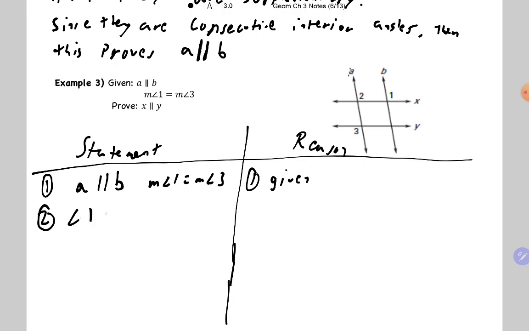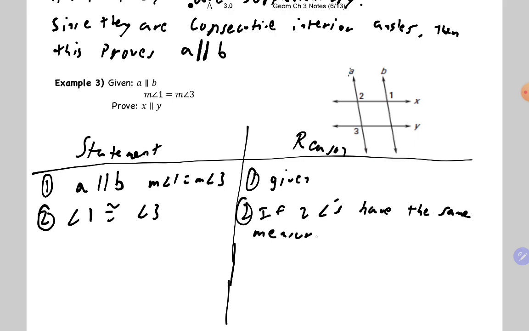So angle 1 is congruent to angle 3, and that's just straight off our given there. If two angles have the same measure, then they are congruent. And then 3. So angle 1 is congruent to angle 3. Now let's look at that.